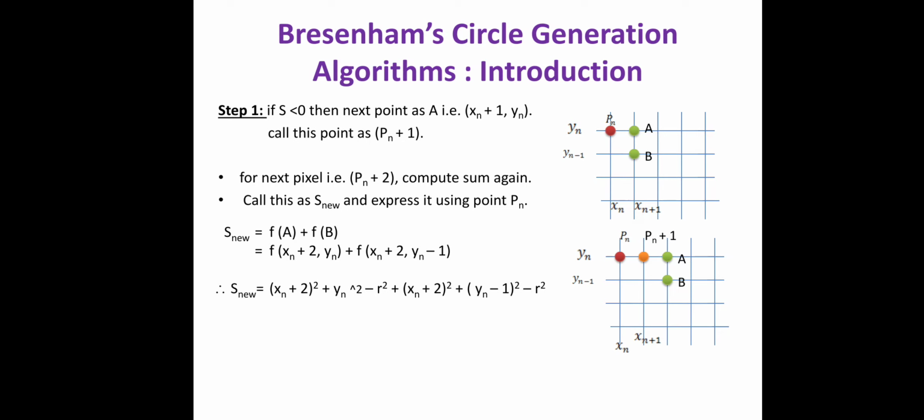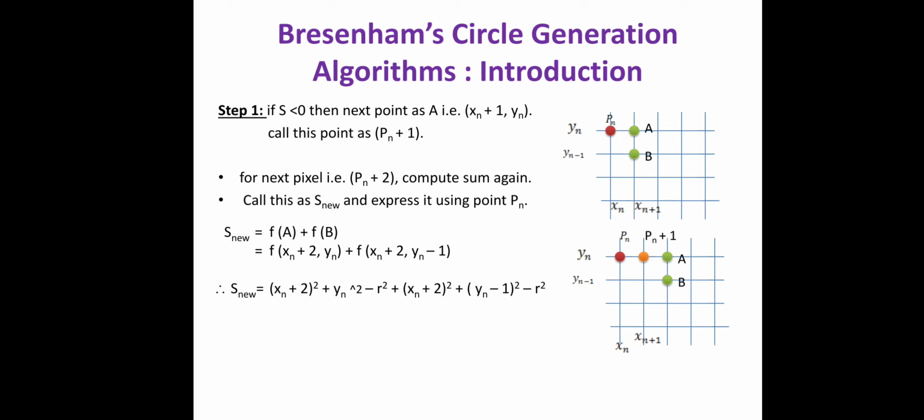What are the coordinates of B? It will be xn plus 2 and yn minus 1. So these are the coordinates. So what will be S new? I will put those coordinates into the equation of circle, that is x square plus y square minus r square.